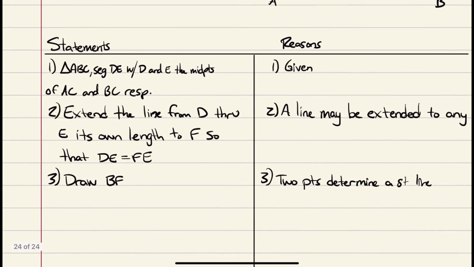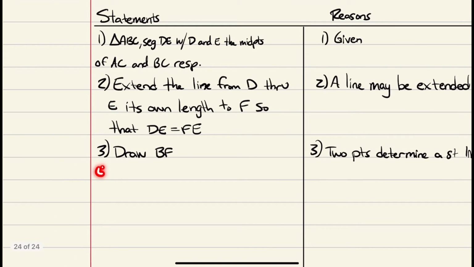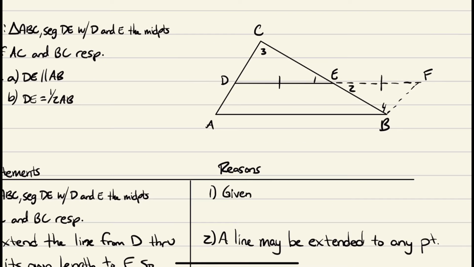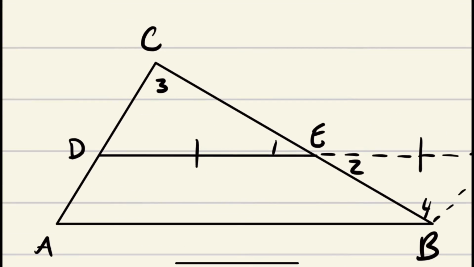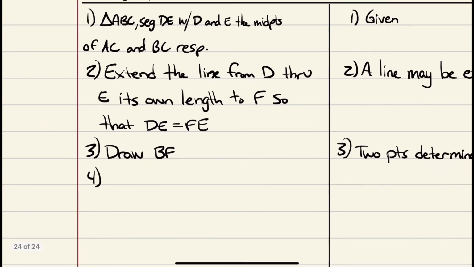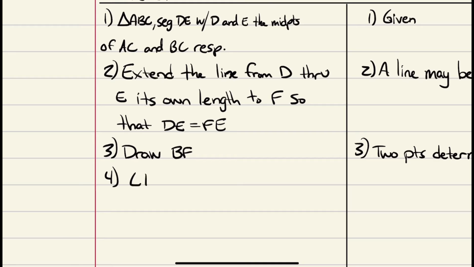All right. Number 4. I'm going to label some angles up here in this picture. I'm going to label this angle 1, angle 2, angle 3, and angle 4. We can say that angle 1 equals angle 2, because when two lines intersect, the vertical angles formed are equal.